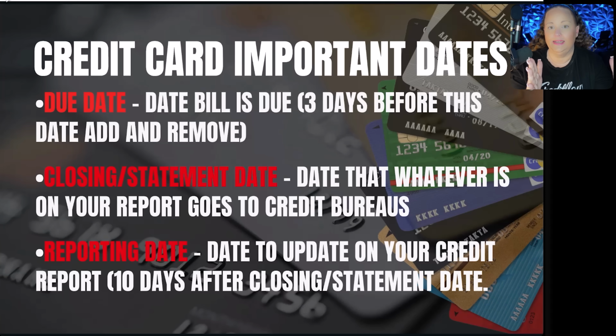Because we need to add someone at least 5 business days prior to the statement date, right? And then it would take about 10 business days for that trade line to report. It's still the fastest way to boost your credit score, but that's the minimum, right? And then sometimes if you don't make the cutoff, it can be 30 days, it could be 45 days.